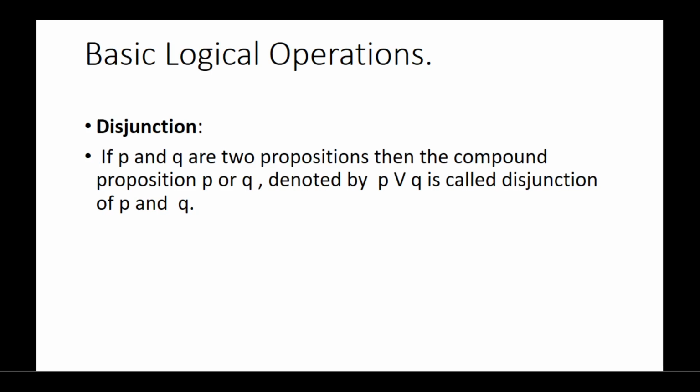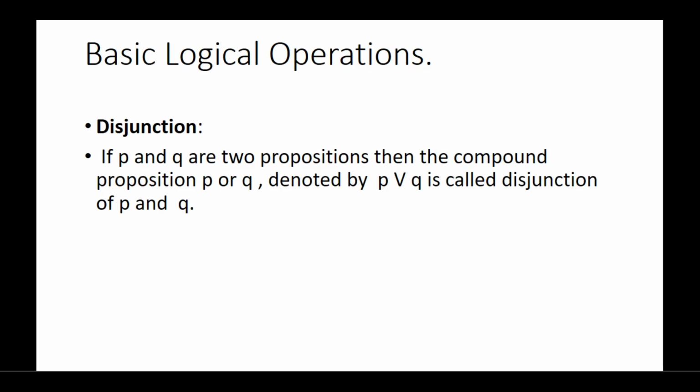Mohan is intelligent is one proposition. Gopal is a good swimmer is another proposition. If we connect these two by the logical connective or, that is, Mohan is intelligent or Gopal is a good swimmer, this compound proposition is called a disjunction.